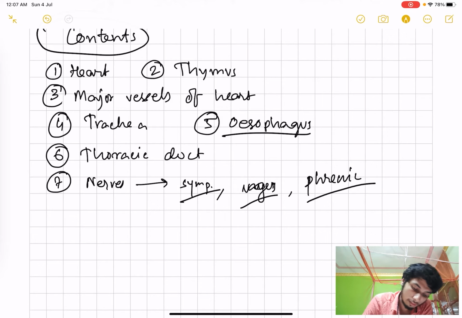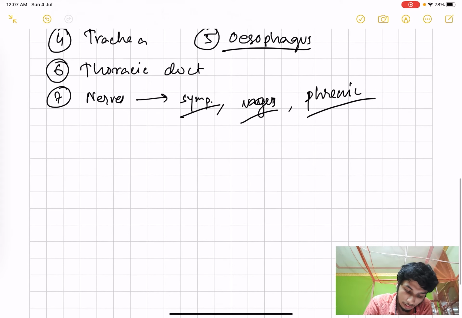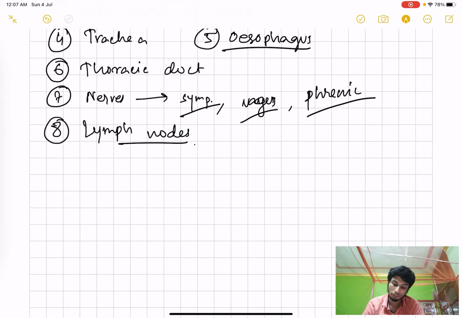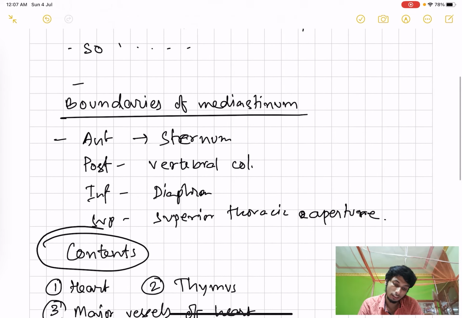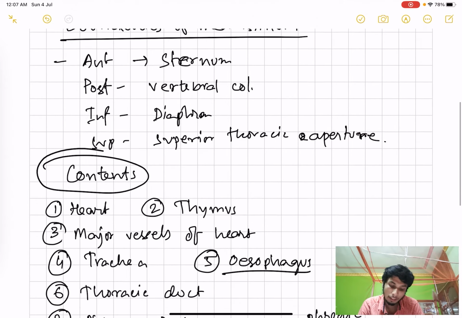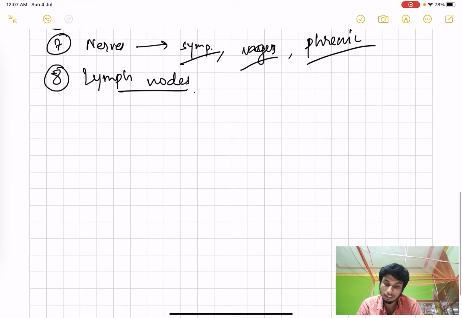Okay. And last thing, lymph nodes. That's easy. Okay, so we are done with the boundaries.